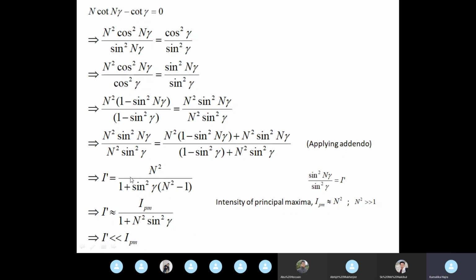There is nothing much to this, so I won't read line by line these steps of this derivation. I've done this, so you can go through it and understand how we got this result. We are interested in this result, which shows that the intensity of the secondary maxima is way smaller than the intensity of the principal maxima.